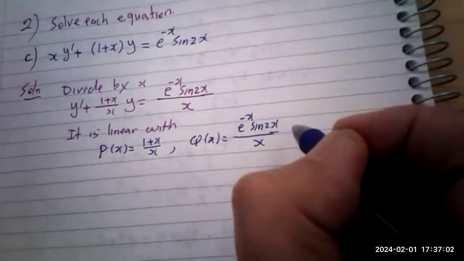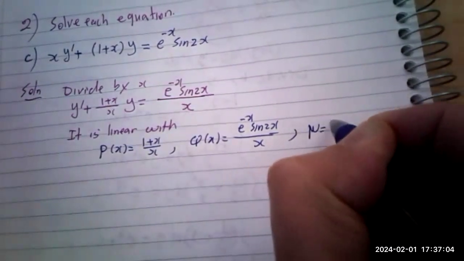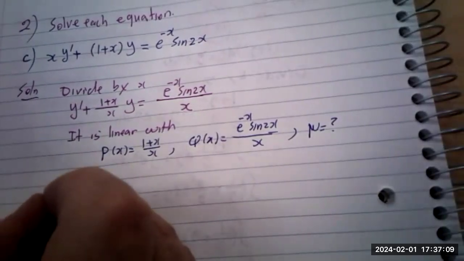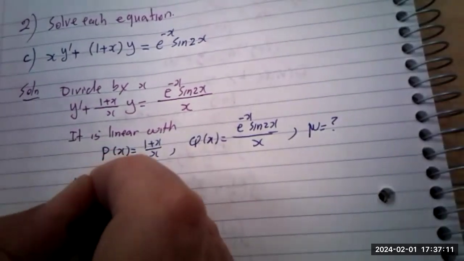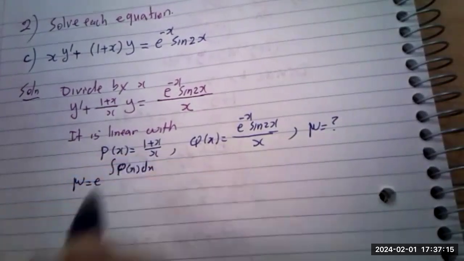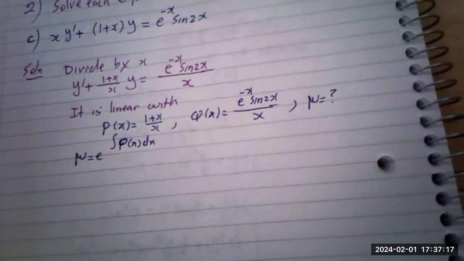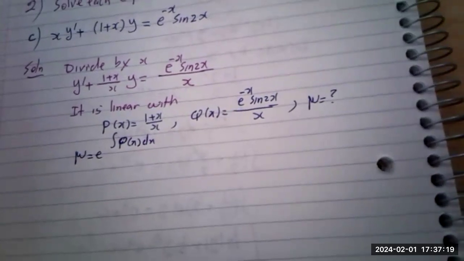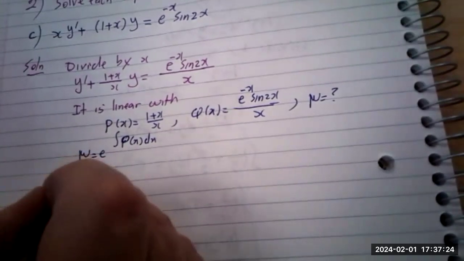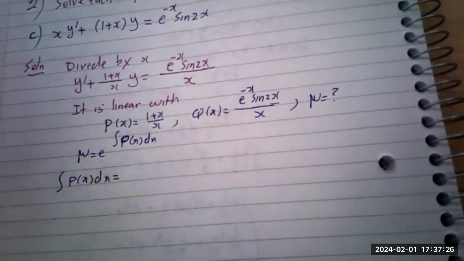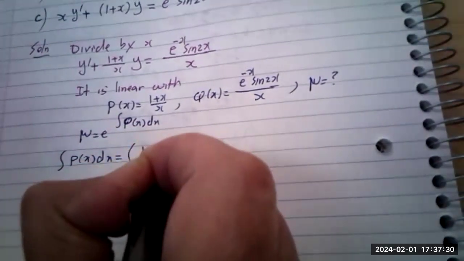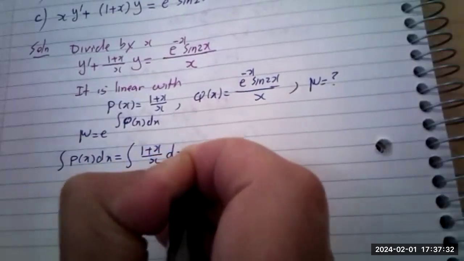So what you need to find is mu. Remember, mu is e to the integral of p of x dx. So you have to work on the integral of p of x dx, which is the integral of (1 plus x over x) dx.